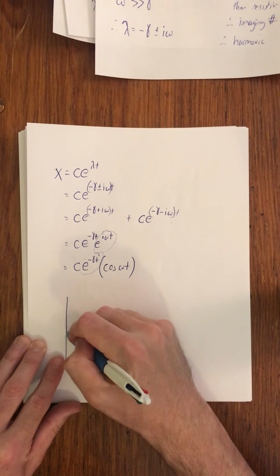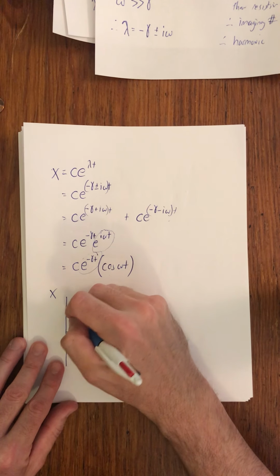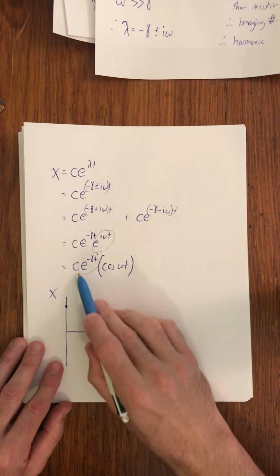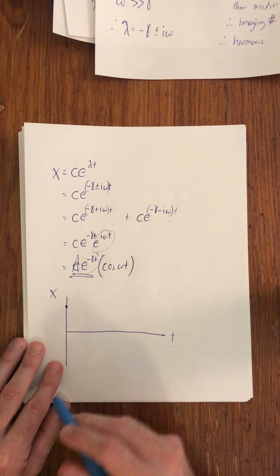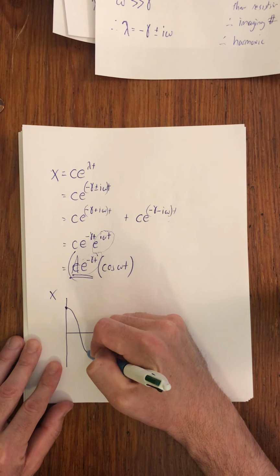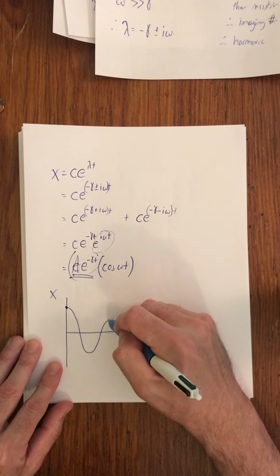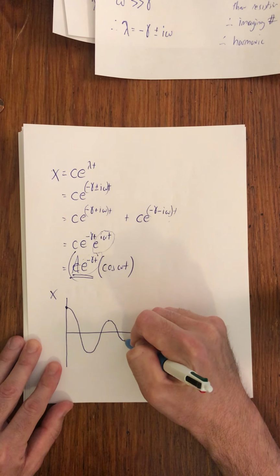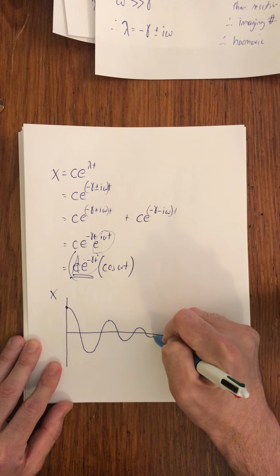So what that motion looks like is the following. If this is x and this is t, and I start at something here, the amplitude, because that's what we agreed c was, is decaying over time. And so what I end up with is this. Notice this term doesn't change the periodicity of what's going on, but merely changes the amplitude.